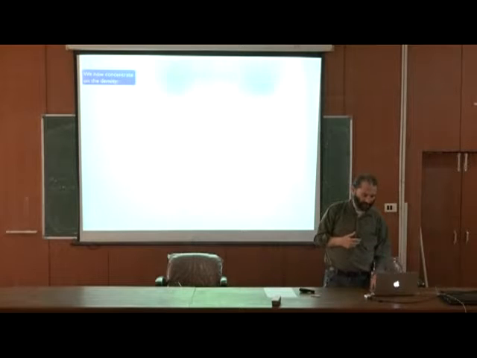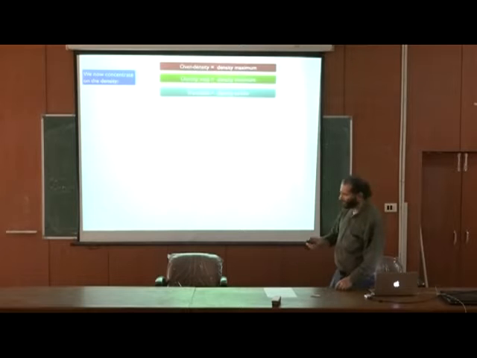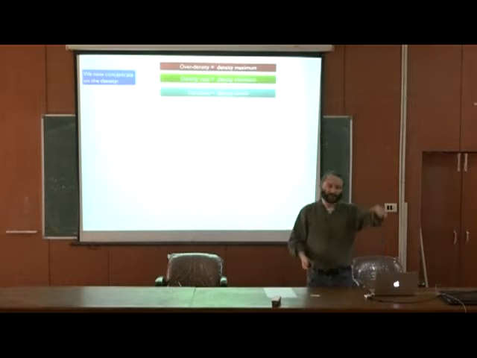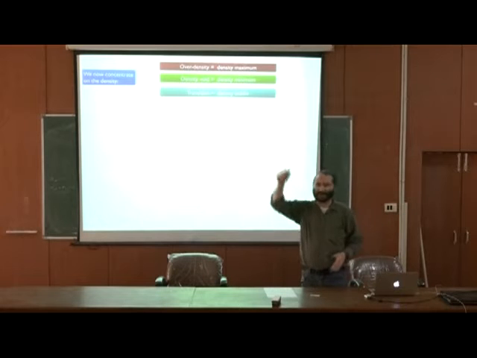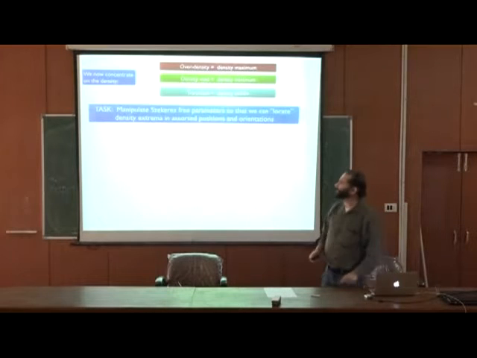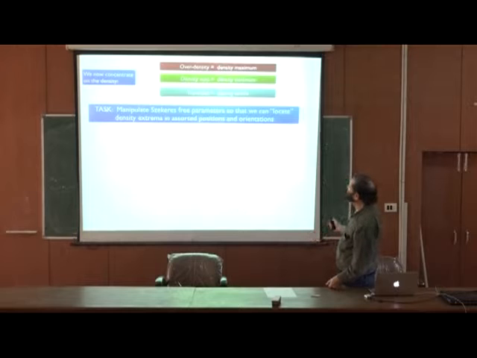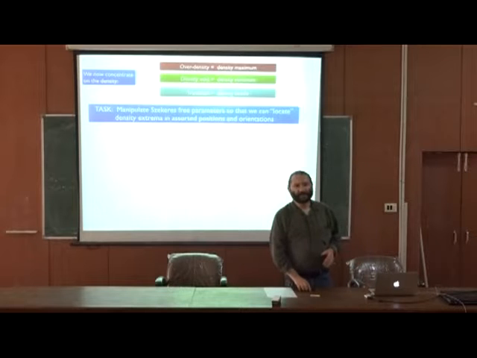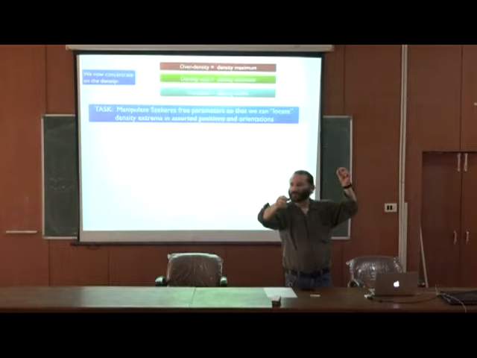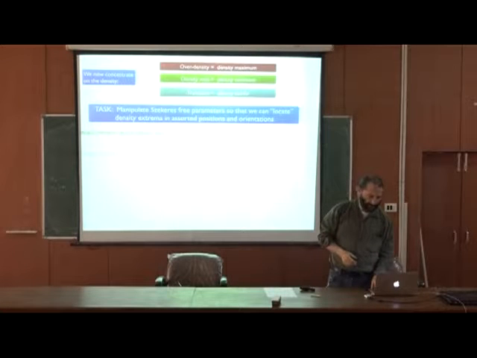So let's concentrate on the density: define overdensity with a maximum, density void with a minimum, and a transition from minimum to maximum, necessarily a saddle, or a saddle-like one. So the task is to manipulate the free parameters so that we can locate the density extrema in assorted positions, wherever we want. The idea is that I locate the structures by locating the extrema of the density. That's the whole trick.